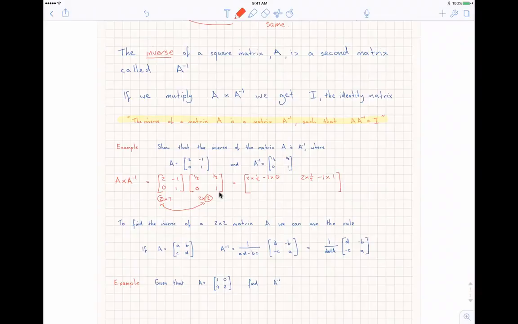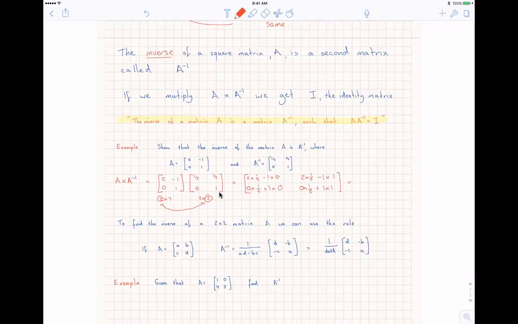Next value, we take the second row times the first column. So we have 0 times a half plus 1 times 0. And finally, the last row times the last column, 0 times a half plus 1 times 1.